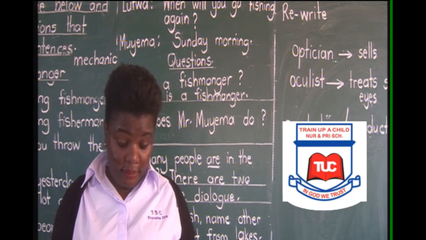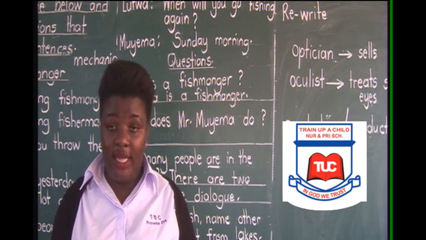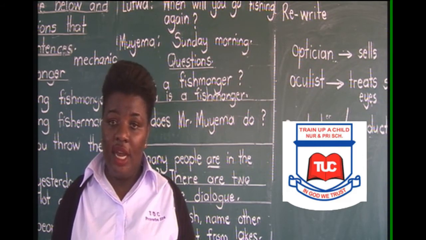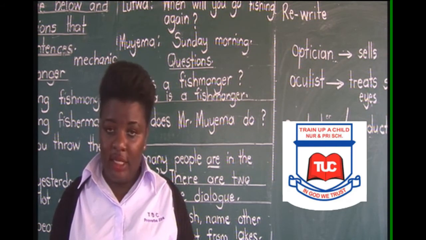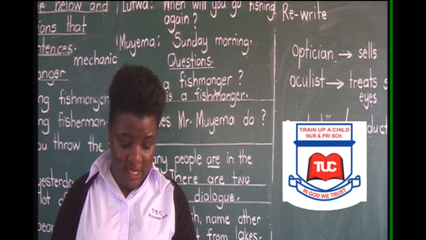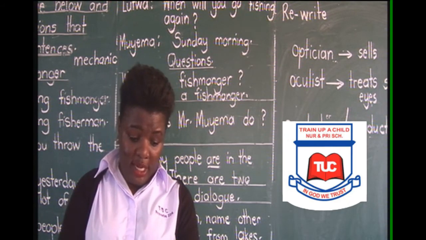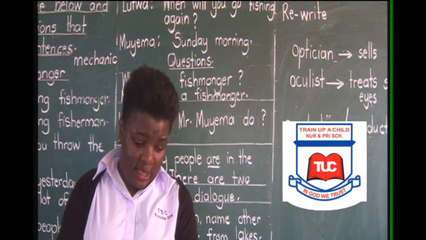For example, you can't say a secretary works in a garden. We've never seen a secretary working in a garden. So you must make only correct sentences.